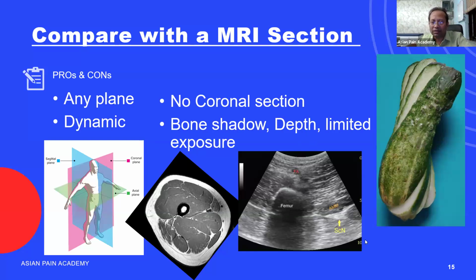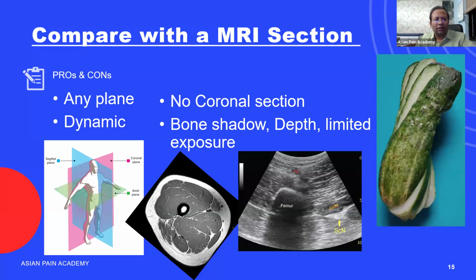Up to 10 centimeters you can see, but above that you cannot see. Limited exposure: here the whole thigh was being seen, but here only a small area. You have to move your probe from right to left or from down to up to see the whole area.